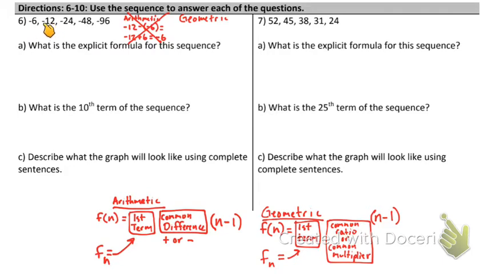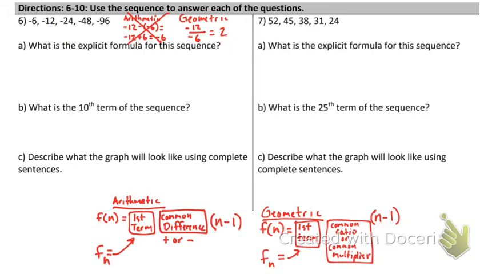And I'm going to take the second one, so -12. And to check if it's geometric, you're going to divide by the first term. So the one before it. In this case, -6. And then we do this math. It gives me +2. So this says we are multiplying by 2.